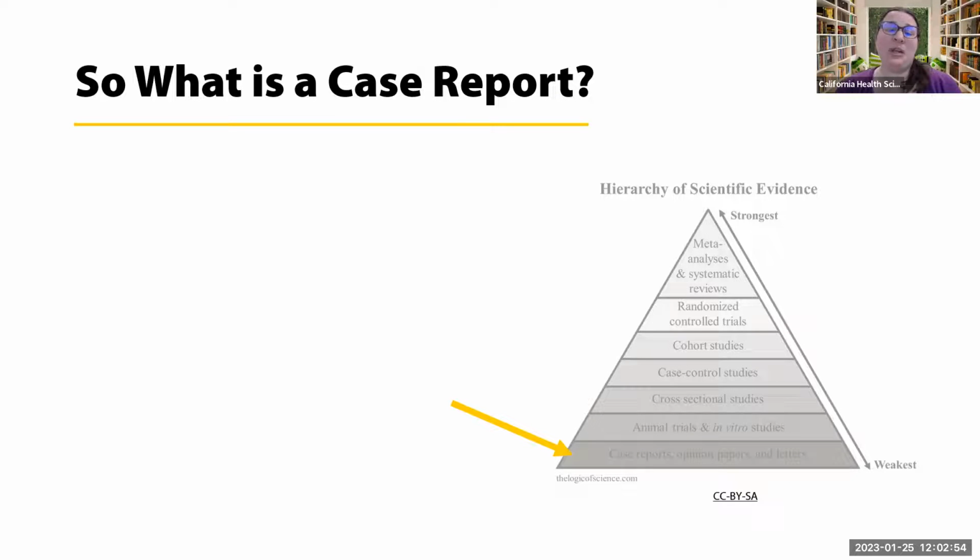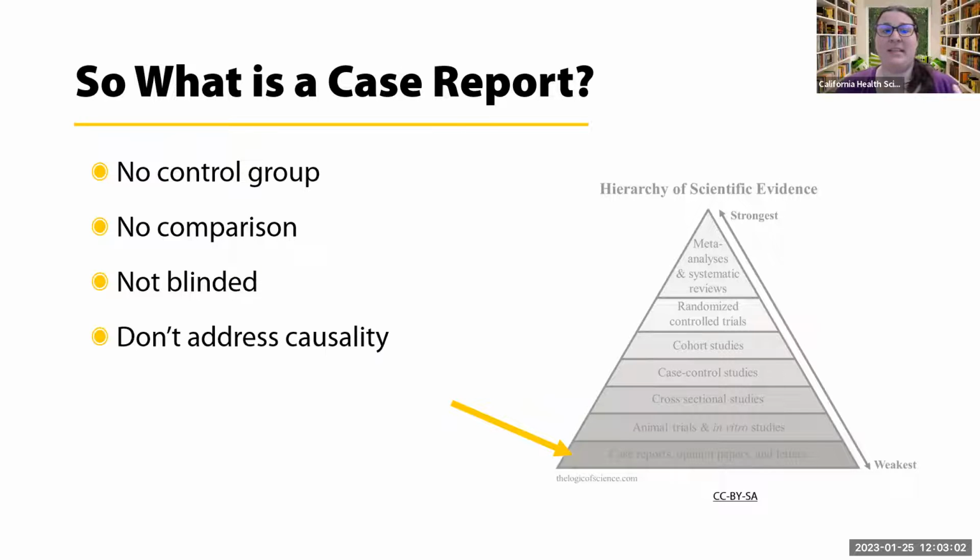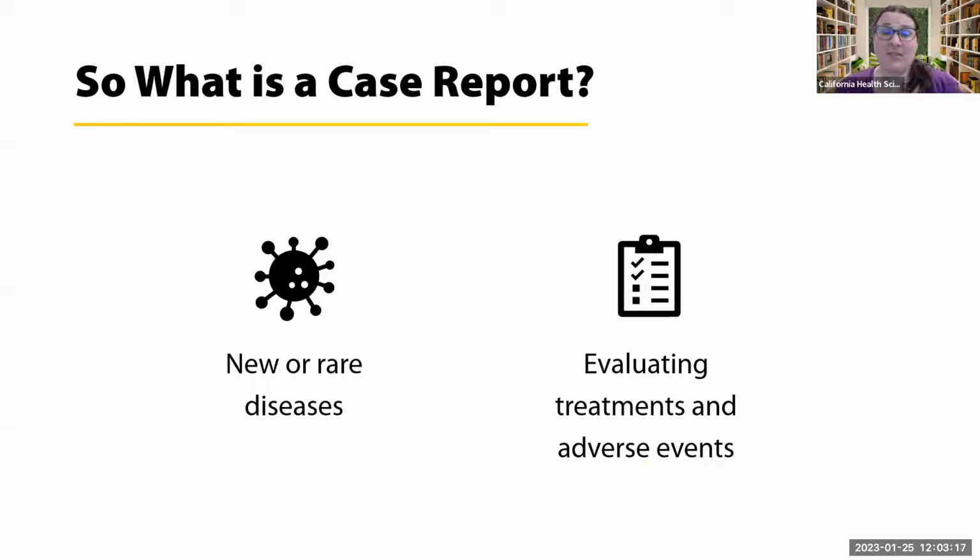When people talk about the drawbacks of a case report, they often mention that there's no control group, no comparison, they're not blinded, they don't address causality, and they don't provide prevalence statistics. The other thing is they're rarely cited, which will impact a journal's impact factor, a metric that some people use to evaluate journals. But they are still a valuable source of information, particularly when talking about new or rare diseases.